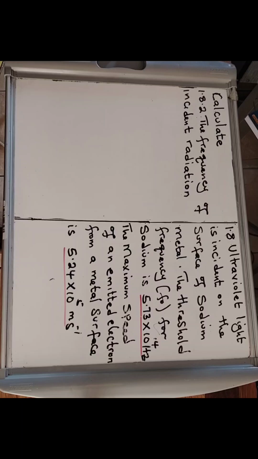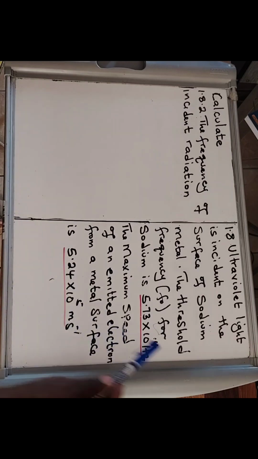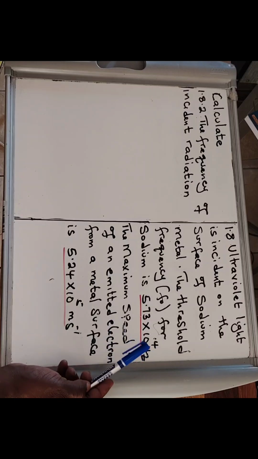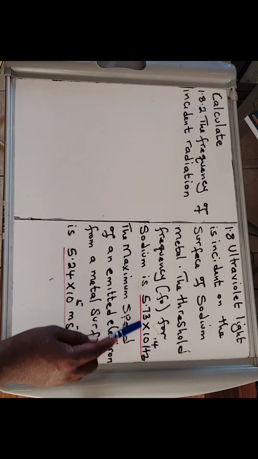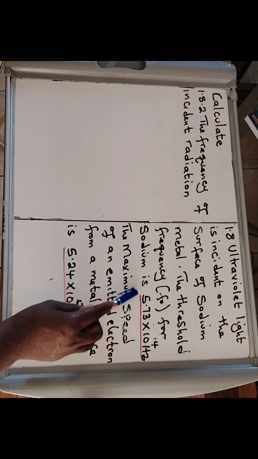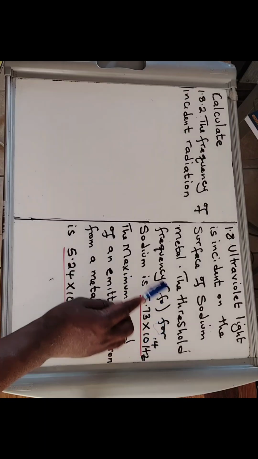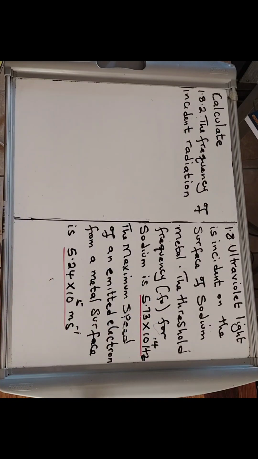We are looking at this case. The question says, calculate the frequency of incident radiation. So when you check the information we have here, they give you the threshold frequency of sodium, and they give you the speed of emitted electrons.